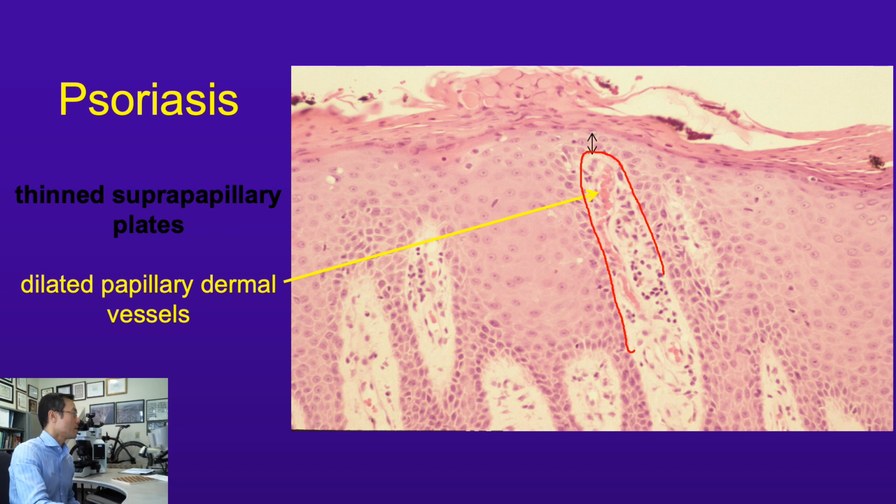So this is what is meant by thinning of suprapapillary plates, another feature of psoriasis. In addition, the blood vessels within these papillary dermal tips are often somewhat dilated, and they often just touch right beneath that dermal-epidermal junction.